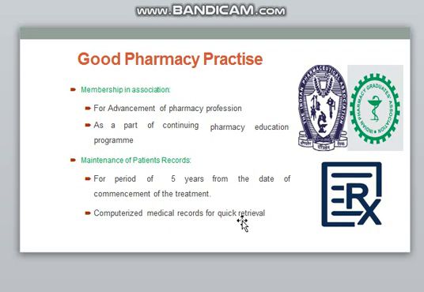It should be done by every person. Maintain the patient records for a period of 5 years from the date of the commencement of the treatment. We have to keep computerized medical records for quick retrieval.